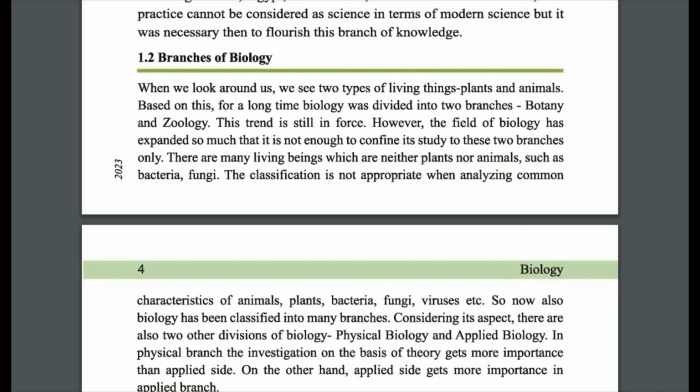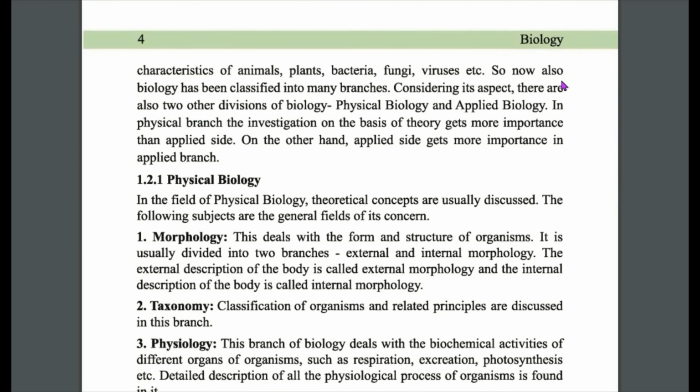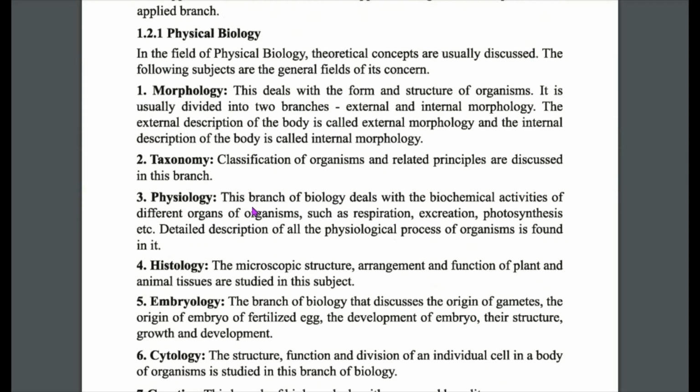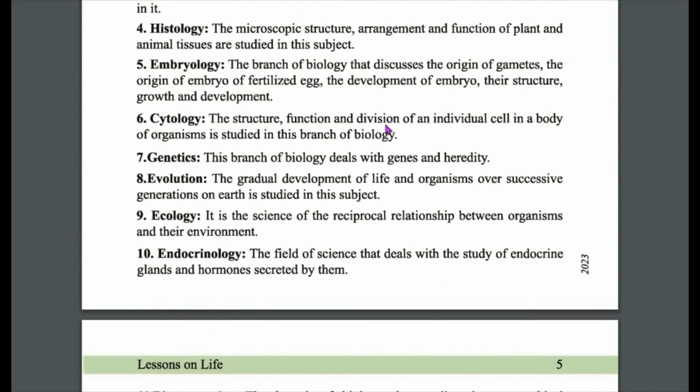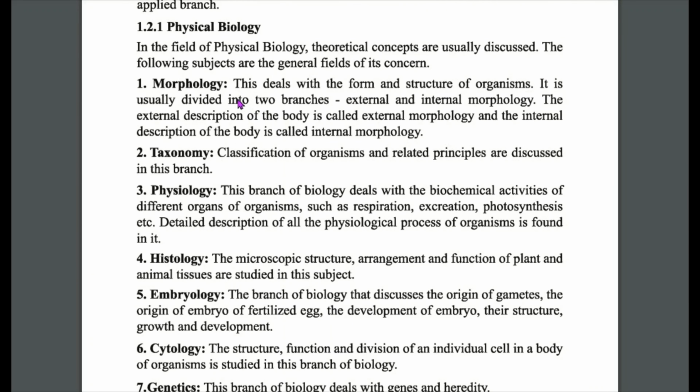We know that for a long time biology was divided into mainly two branches, which are botany and zoology, but now mainly two types: physical biology and applied biology, and they also have different branches, you see. Like morphology, which deals with the form and structure of organisms. Taxonomy is the classification of organisms, and related principles are discussed in this branch.